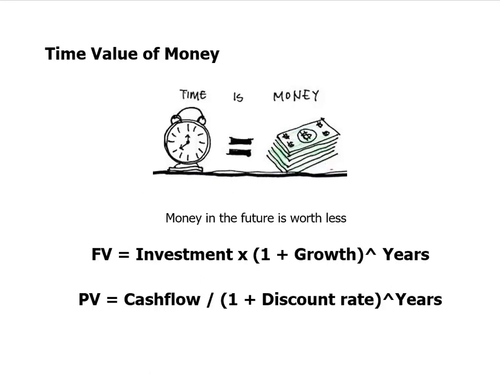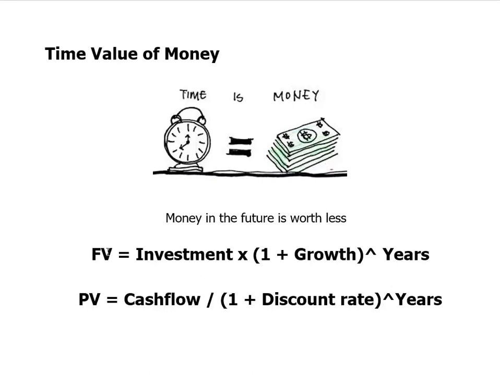If you make an investment and you multiply whatever this investment amount is by 1 plus a growth rate, some determined growth rate that you think your investment will grow by, to the power of the years that you are invested, you can determine what the future value of the investment will be. We'll do some calculations on this shortly.